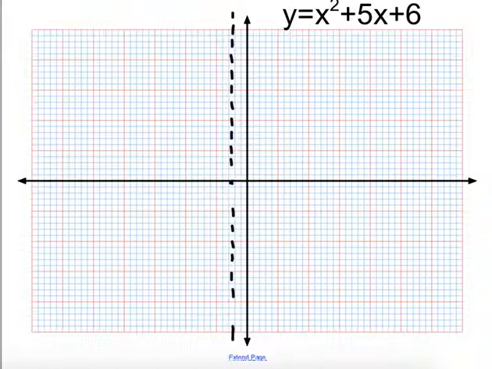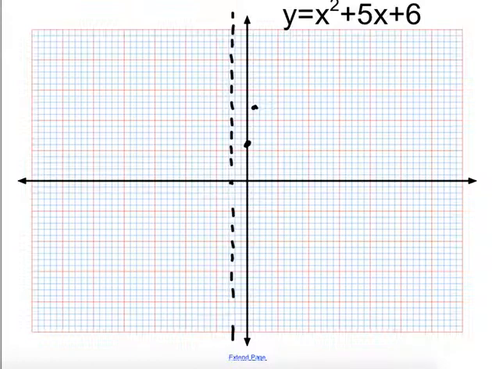I plot my y-intercept, which is 0, 6. So I'm going to be right here. I'm going to plot my value of 1, which is at 12. And then I'm going to flip that over the axis of symmetry, which means I'm going to stay at that level of y equals 12, but I'm going to be 3.5 boxes away on the other side of this.